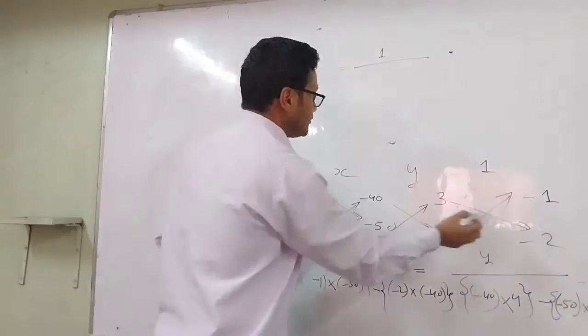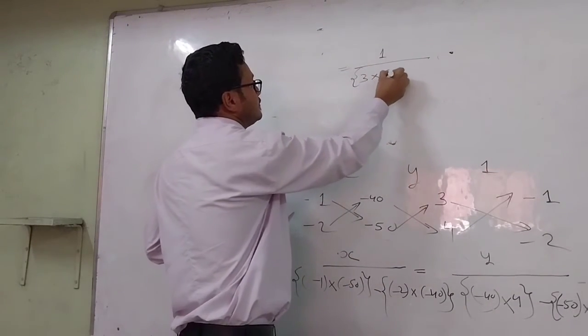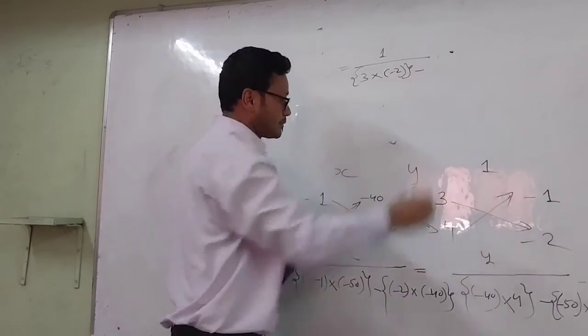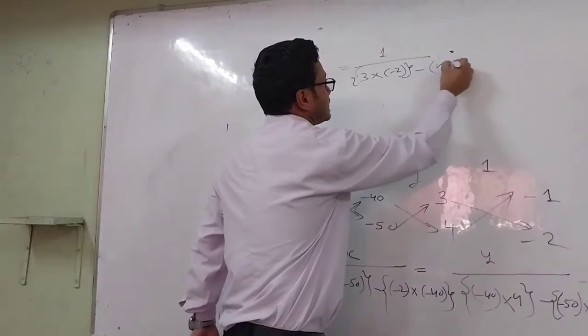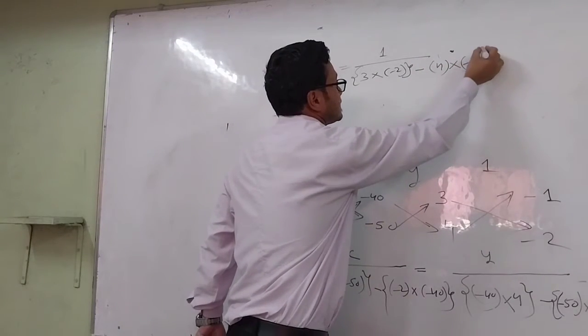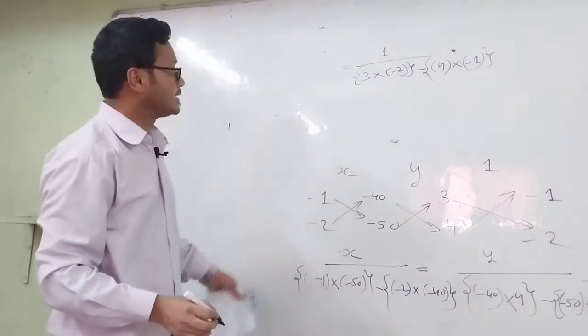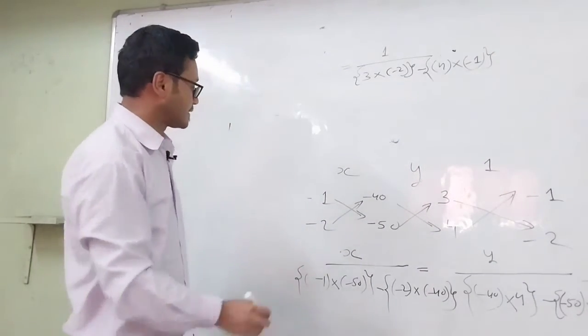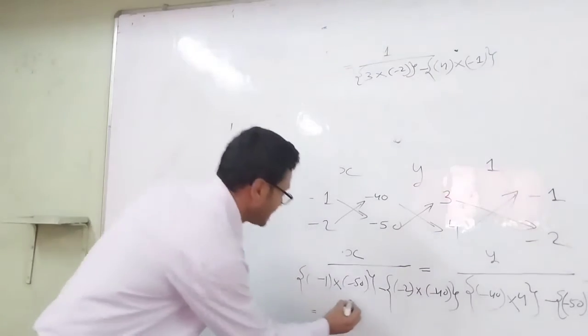Again 3 into -2, and put the sign minus, again 4 into -1. Now ultimately we are making the 4 into -1. Now we have to multiply. See, first of all, write down x.